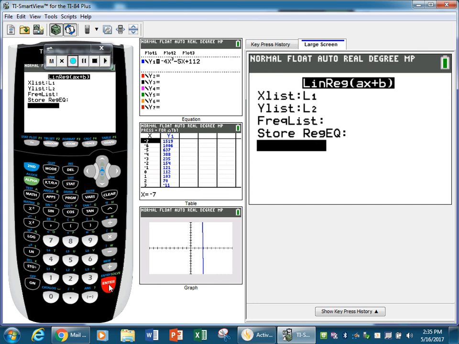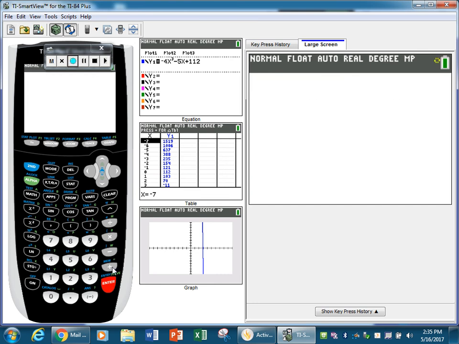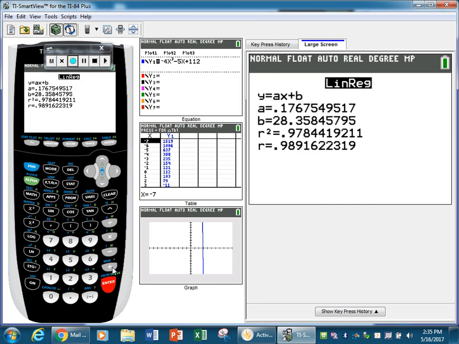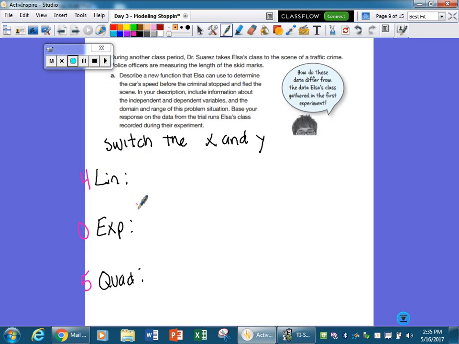And I'm going to write the equation and the r squared value. So here's my equation again. Linear is ax plus b. So it's going to be 0.18x plus 28.36, and my r squared is 0.98.